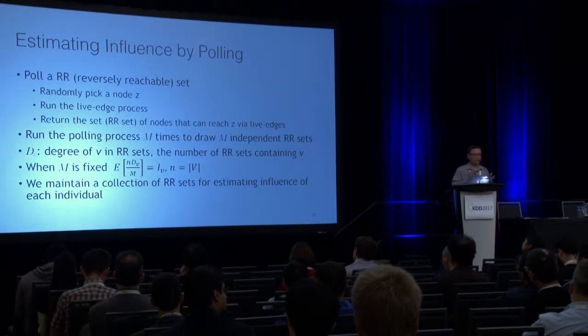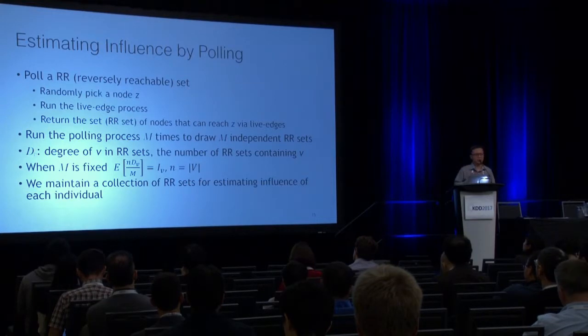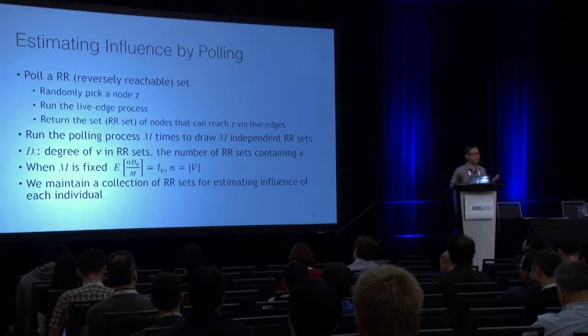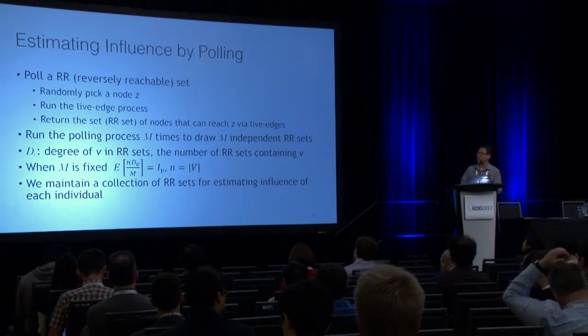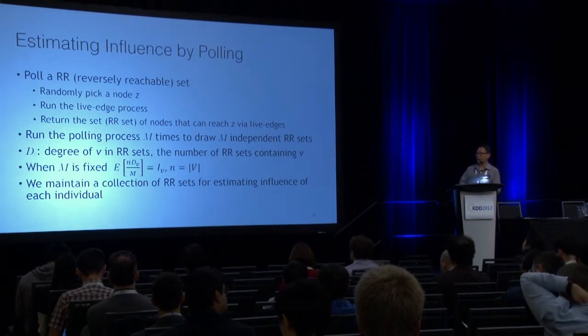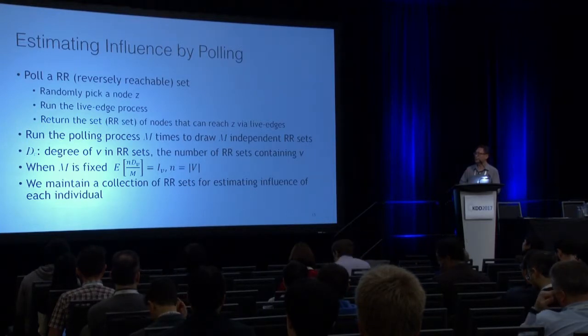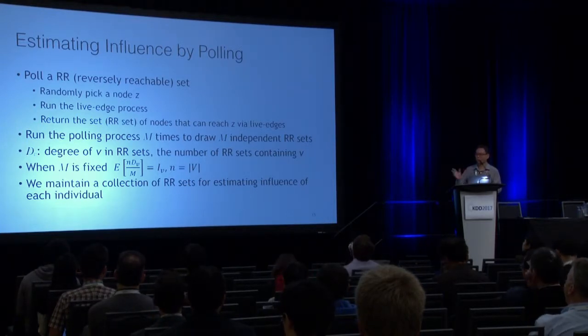Recently, in the last two or three years, people have started to use polling a lot to estimate influence, or indeed general measurements on networks. The idea is beautiful and simple. So what does polling do? Polling essentially tries to pool a reversely reachable set. The process is very simple.